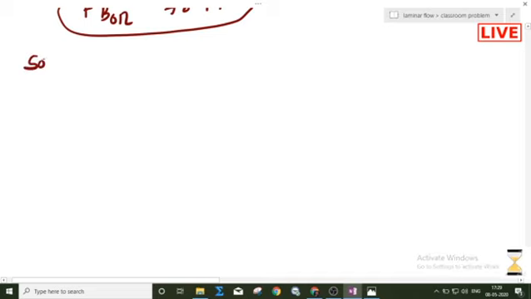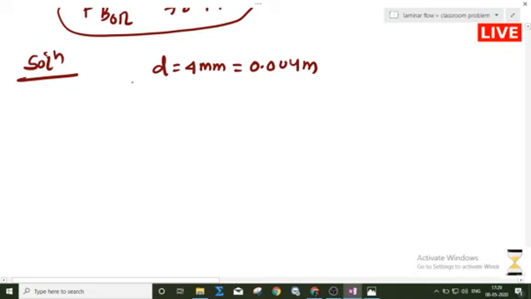So the solution. Okay, so diameter is given how much? Diameter of the capillary tube is 4 mm, so this is 0.004 meter. Okay, and the surface tension at 20 degrees Celsius for sigma water is how much?